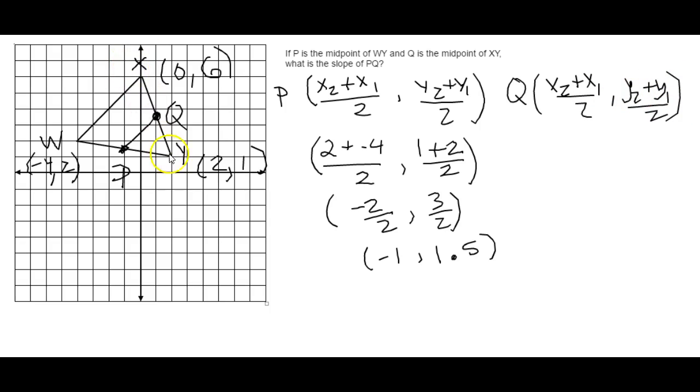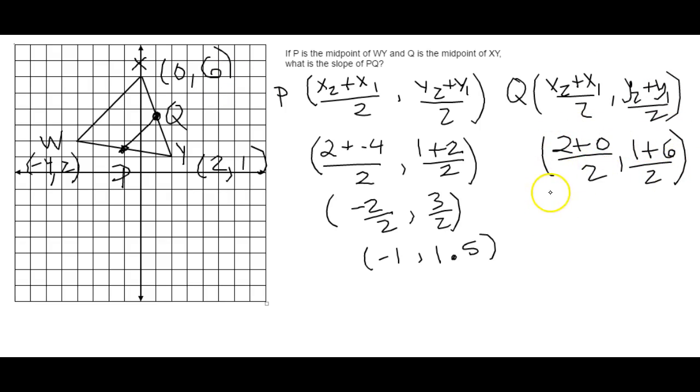So from X to Y, the x-coordinate of the second point is 2. The x-coordinate of the first point is 0. The y-coordinate of the second point is 1, and the y-coordinate of the first point is 6.